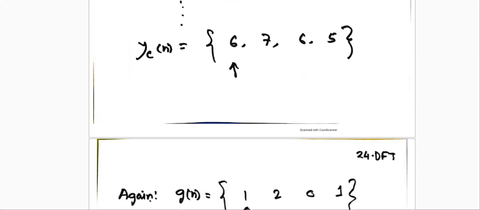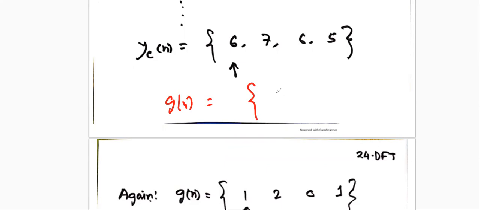Now the question is, how can you perform the linear convolution with this circular convolution concept? If we take an example like this, let's say in case of a linear convolution, if we want to perform the linear convolution, what happens? Let's say gn, how many samples do we have?